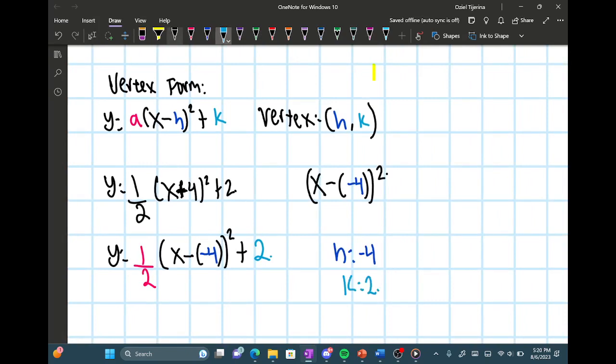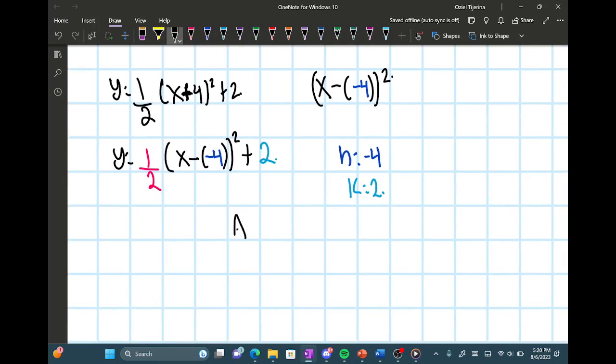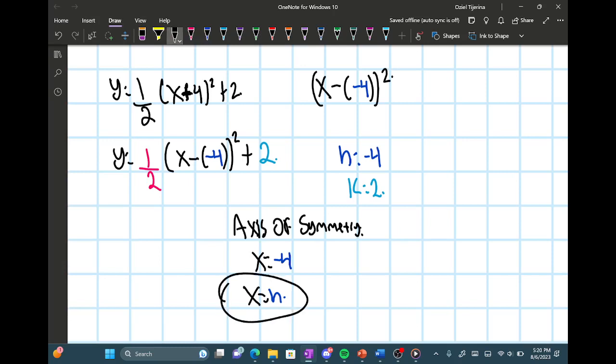Now the axis of symmetry, we want to get that out of the way. It is x equals negative 4, or in this case, h equals negative 4. The axis of symmetry is always x equals h. This is the general formula for the axis of symmetry.